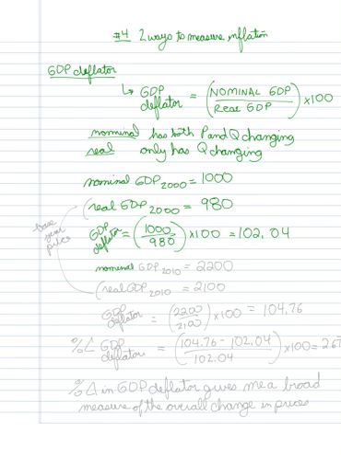Now let's say that nominal GDP in 2010 is equal to $2,200, and that real GDP in 2010 is equal to $2,100. Again, the way we're calculating the real GDP is by using a base year price.